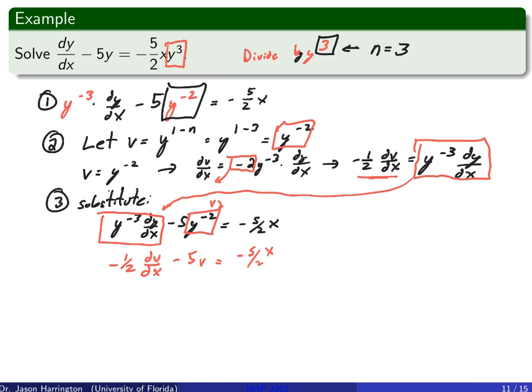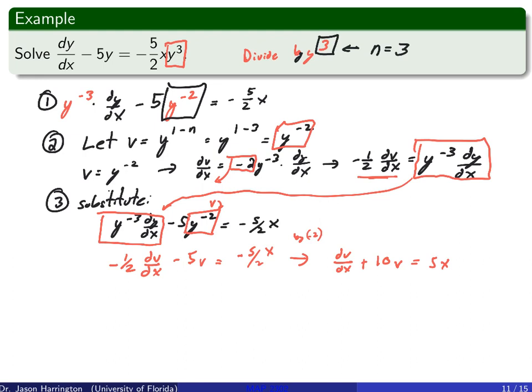Now, I don't like all these fractions, and negative signs to boot. That's horrible. So I can multiply everything through by negative 2, to every single term, then I'm going to have dv over dx plus 10v is going to be equal to 5x.